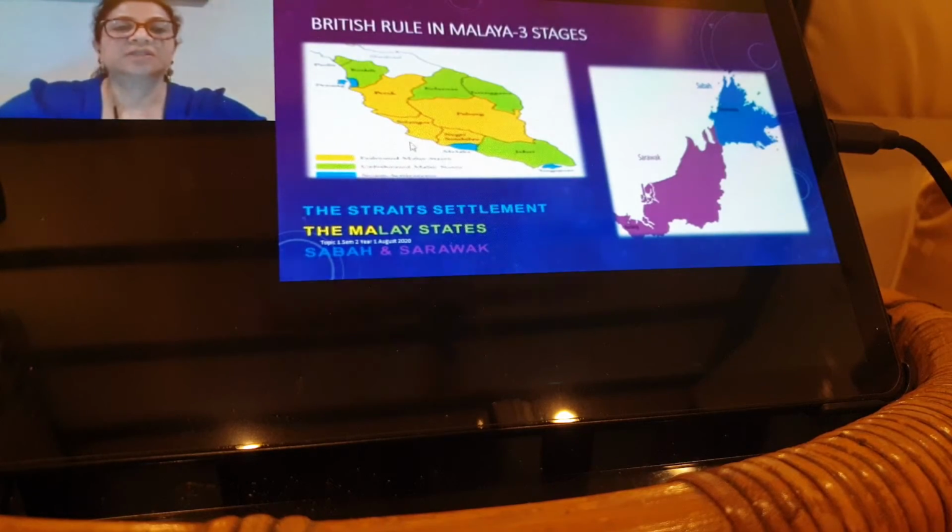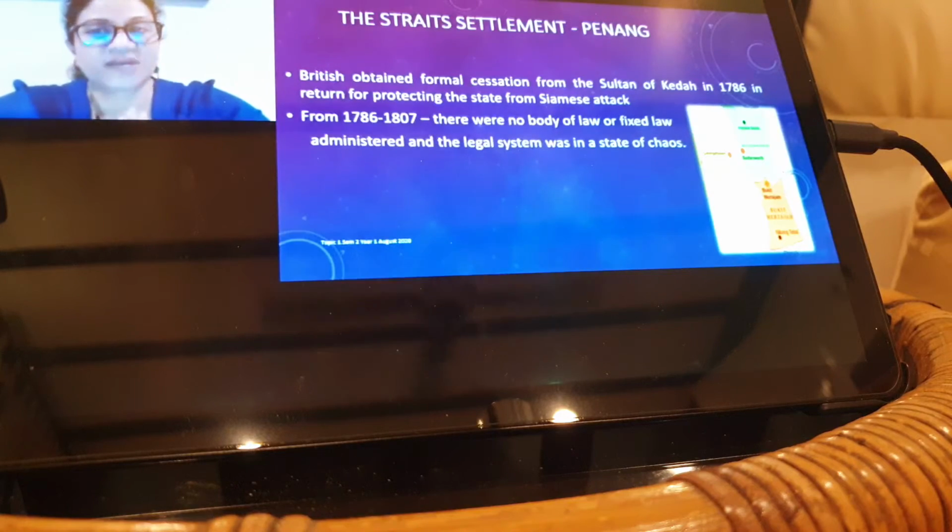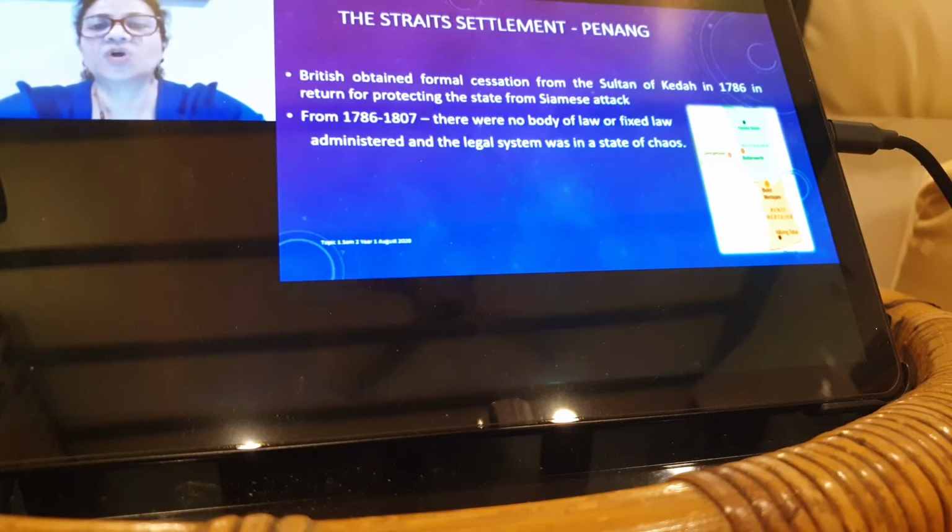So let's look at the first stage, which is the Straits Settlement. The first state where the British made their presence was Penang. The British obtained formal cession from the Sultan of Kedah in 1786 in return for protecting the state from Siamese attack.